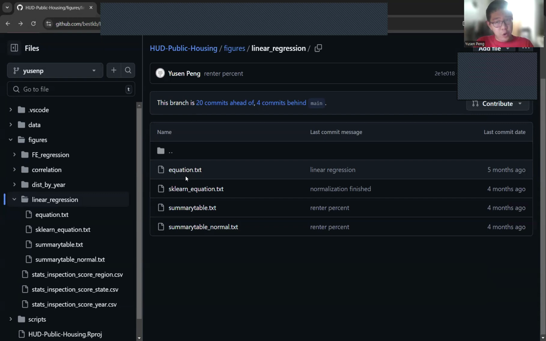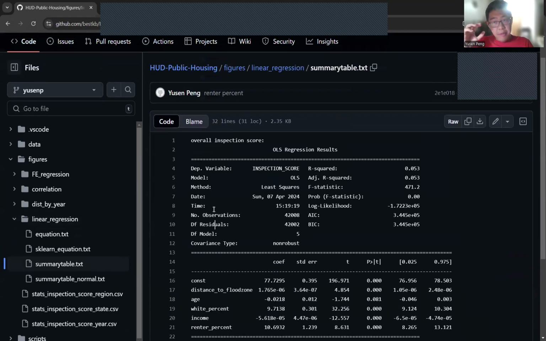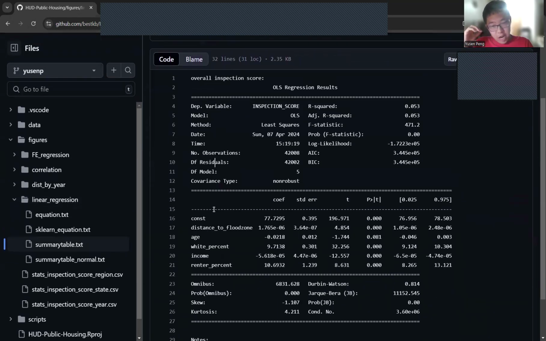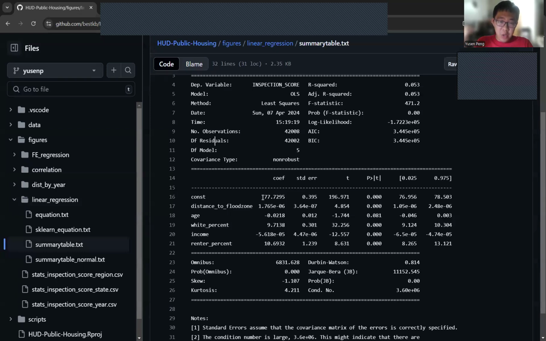So last semester I used another commonly used Python package called statsmodels. In that package we get rich and comprehensive results. It doesn't only tell you the coefficient, but also the standard error, the t value, and the p value.